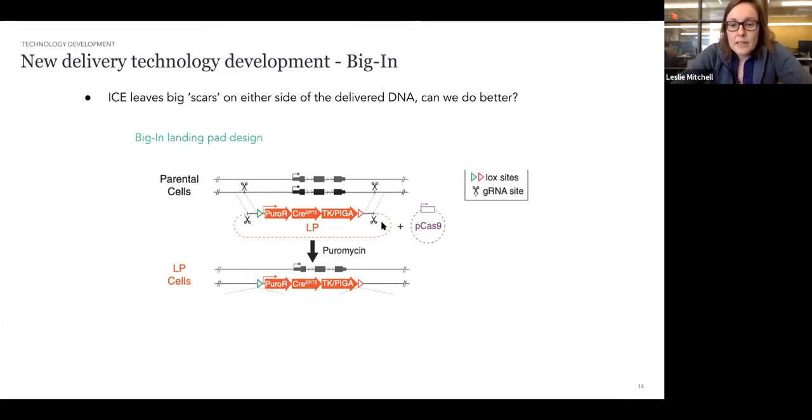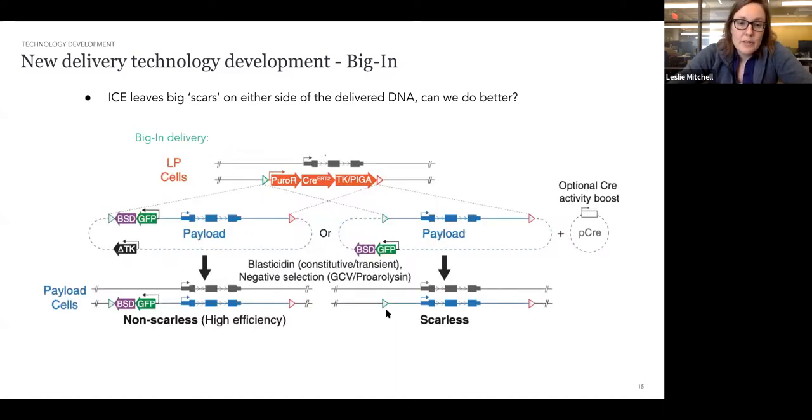And so the idea is with a single step, one can deliver the landing pad into a locus, select for the introduction with puromycin, inducibly express TK or PIG-A, and then, similar to the previous work, come in with a payload DNA, and you can do this one of a couple ways.